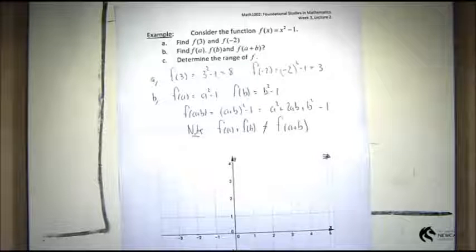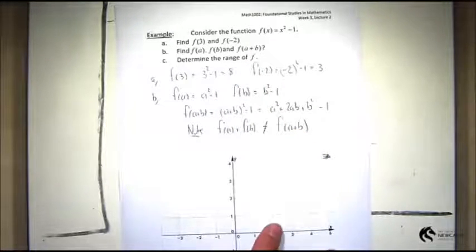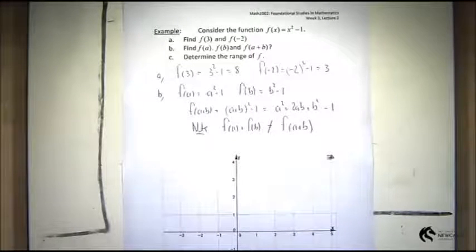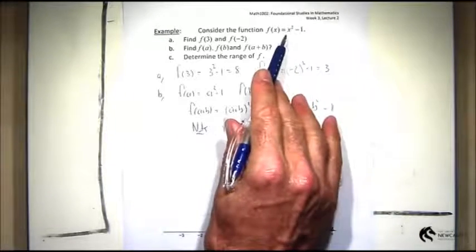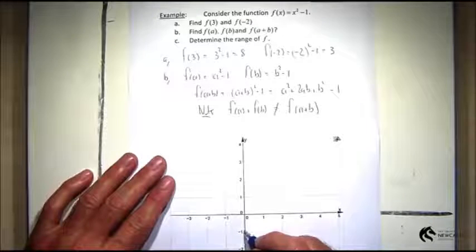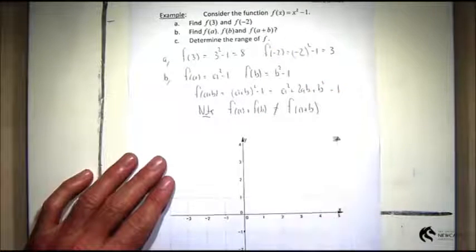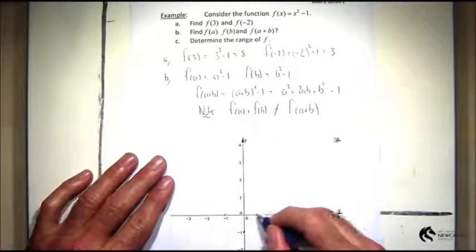And the last part says determine the range of f. Well, I think the easiest way to determine the range is actually to sketch the graph. And this is a parabola. It's concave up. It has a y-intercept of -1. And in fact, it has a vertex of (0, -1). And x-intercepts are +1 and -1.